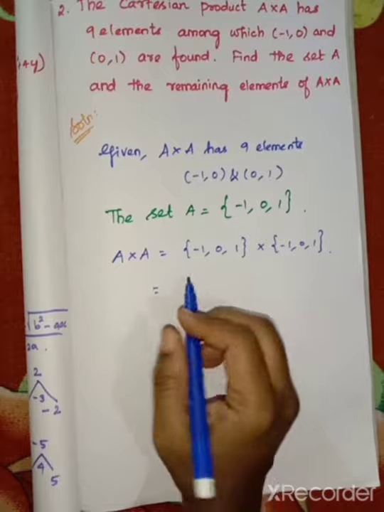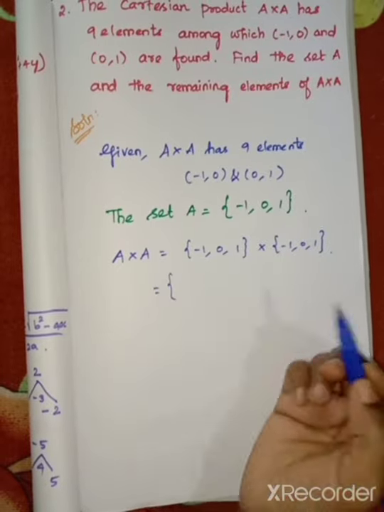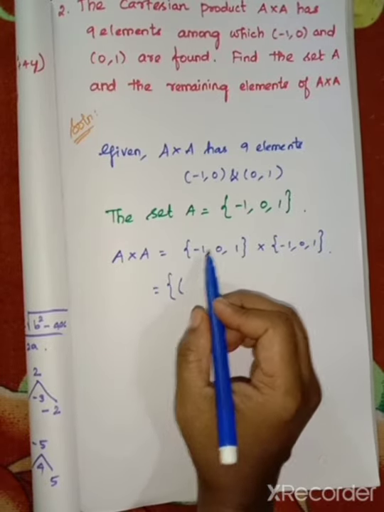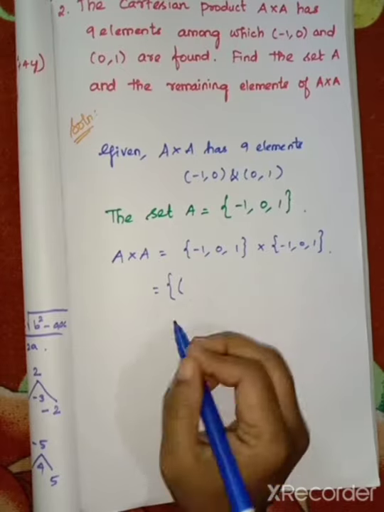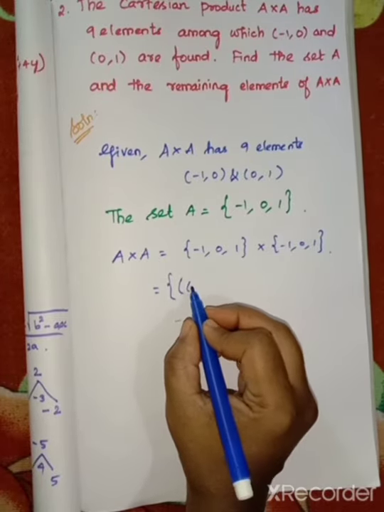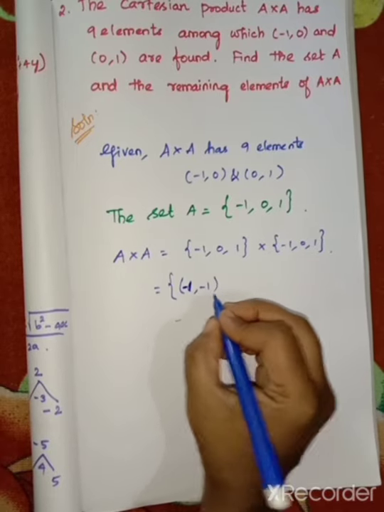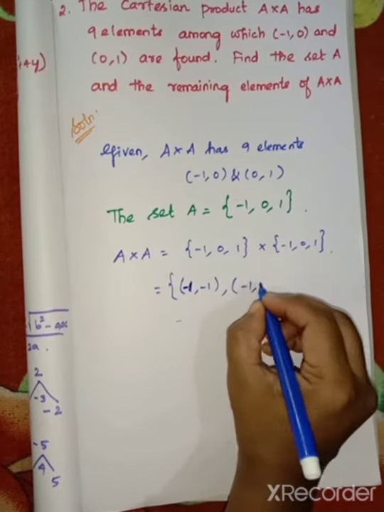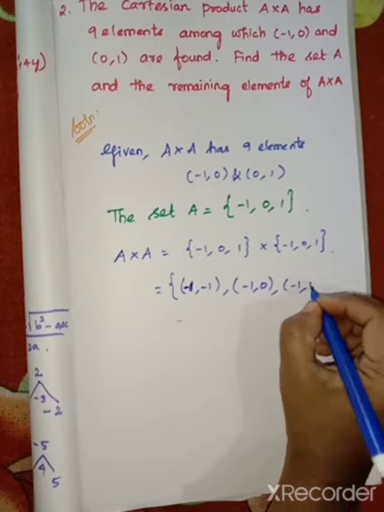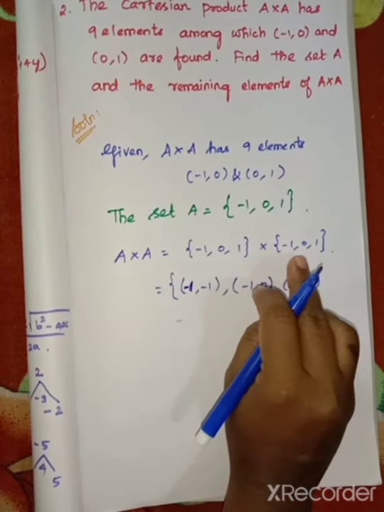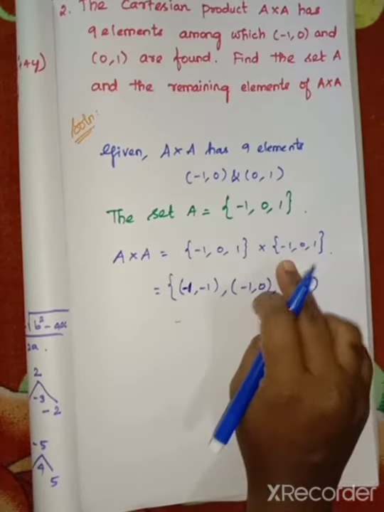So now we write the set of ordered pairs. In the set bracket, minus 1 is there, and we pair it with the second set: minus 1, minus 1. Another one is minus 1, 0, minus 1, 1, because I am processing the first element with the second set.